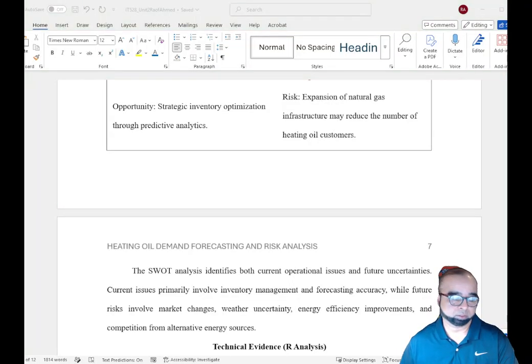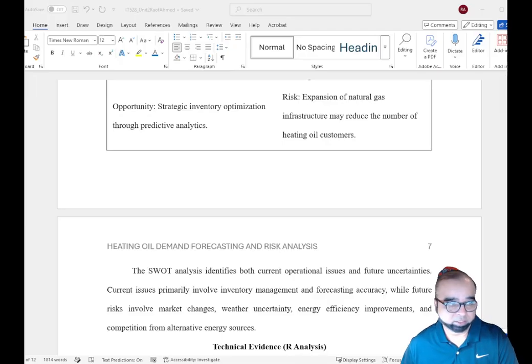So in conclusion, generalized linear models provide organizations with a powerful method for identifying risk, understanding the factors contributing to those risks, preparing reliable data, building predictive models, and improving strategic decision making. For Home and Hearth, predictive analytics helps reduce two critical business risks. Number one, inventory shortages, and the second one is excess inventory.